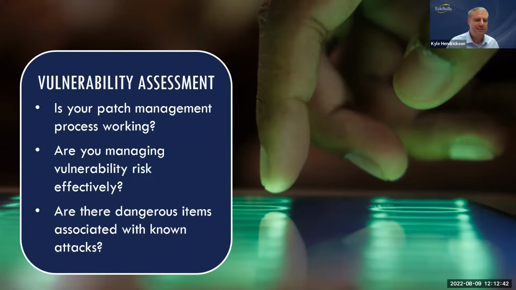And then, are there dangerous items associated with known attacks that are so dangerous because they're being used live every day, day in and day out, and they've been documented as dangerous, that we should just drop everything and focus on them first, before we can even move forward and start asking questions about how we're doing our patch management and our vulnerability risk management processes.